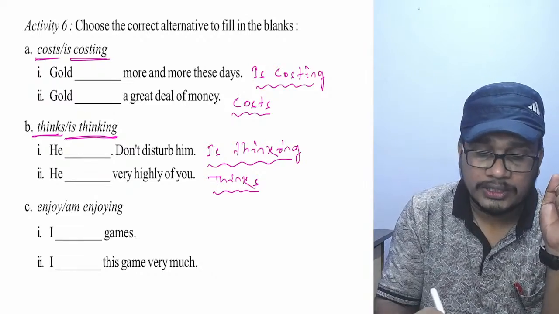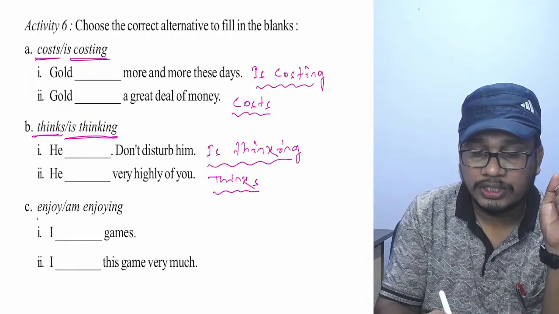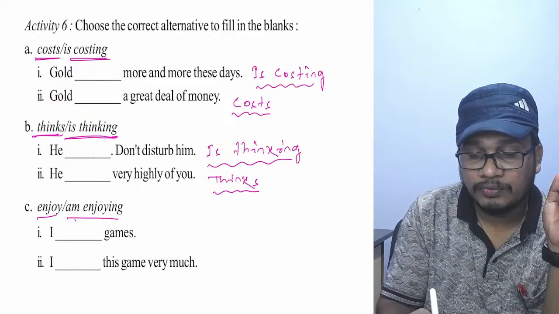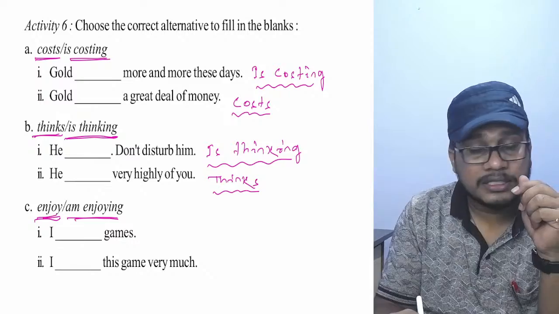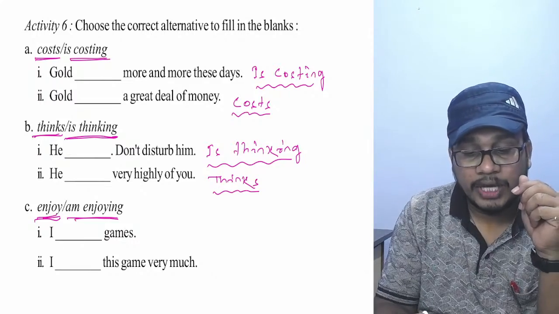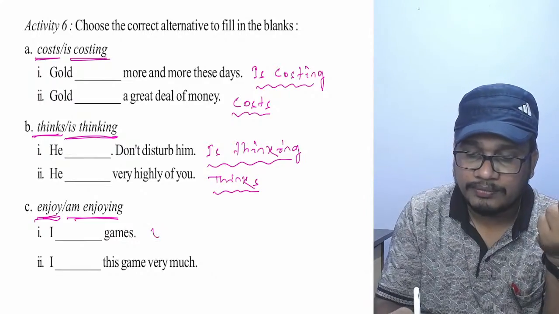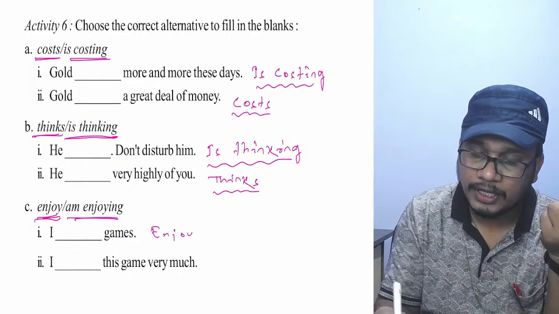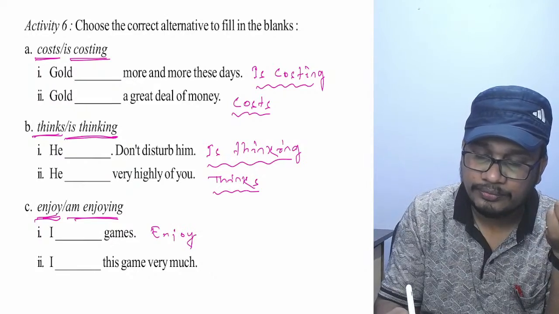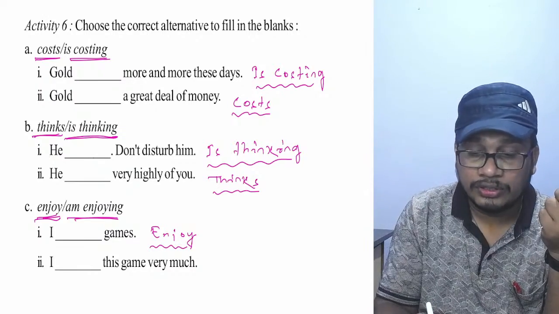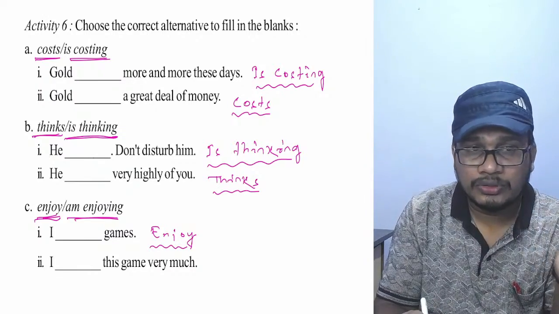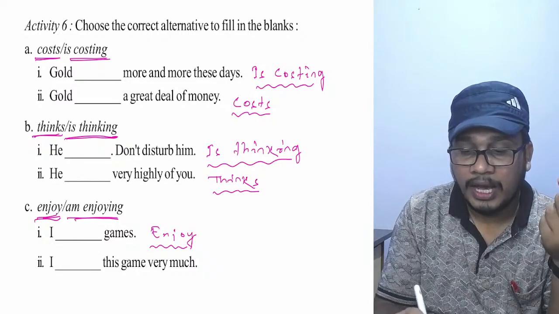Okay, so next, coming to the third question: enjoy and am enjoying. One is progressive, another one is simple present. I dash games. I enjoy games. I dash this game very much. This refers to the present situation. I am enjoying.